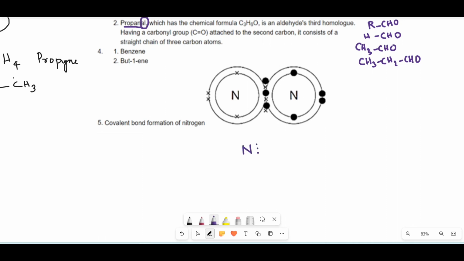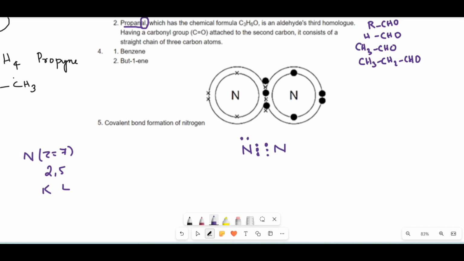So one nitrogen, as you know, atomic number is 7. So electron configuration 2, 5. K shell will have 2 electrons, L shell will have 5 electrons. Out of the 5 electrons, the 3 electrons will be shared with the next nitrogen atom. The second nitrogen also shares 3 electrons.